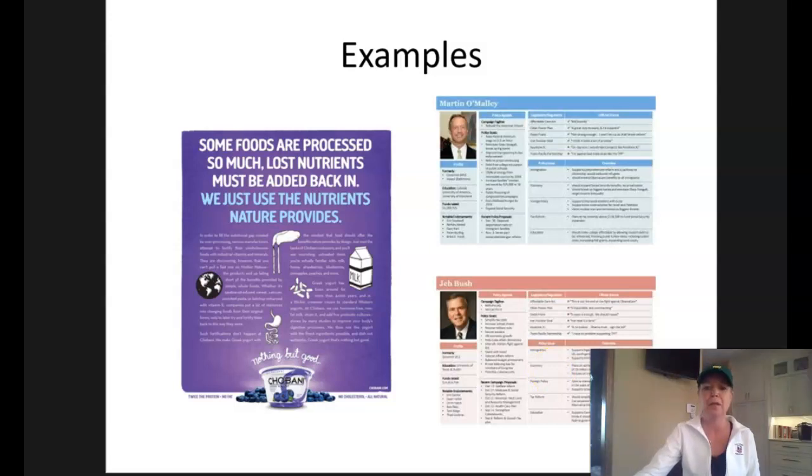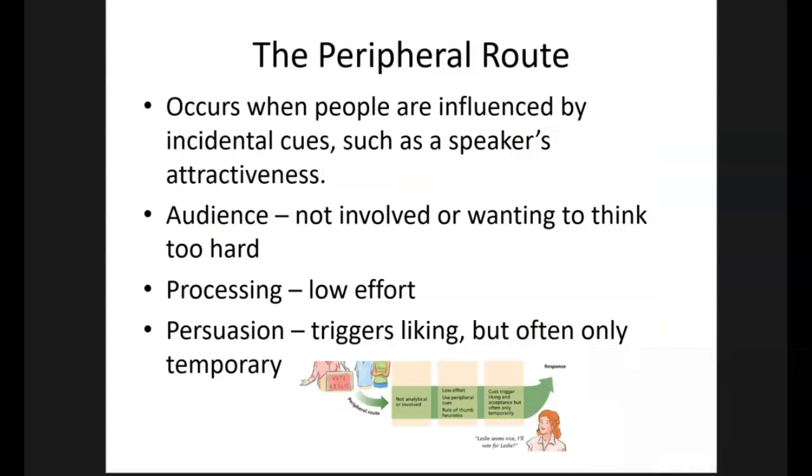The peripheral route, on the other hand, as we said, that's just all the outside stuff. And that's when, again, we're influenced by things that don't really matter. We're not influenced by the argument. We're influenced by those bright and shiny things that lie outside the argument. This is what is useful to use when the audience is either not involved or doesn't want to be involved.